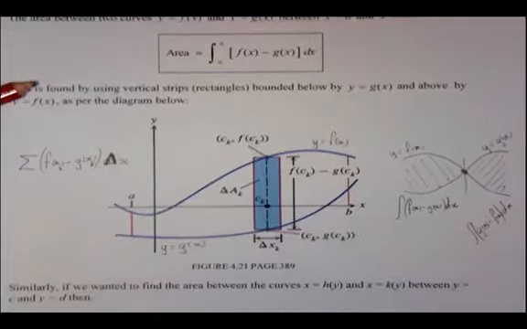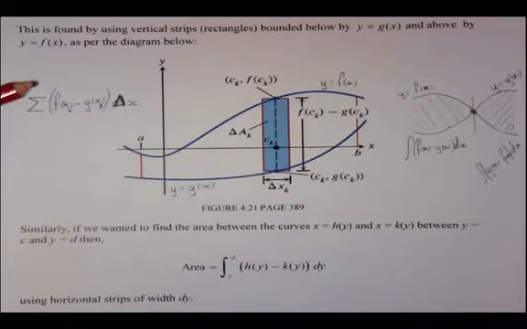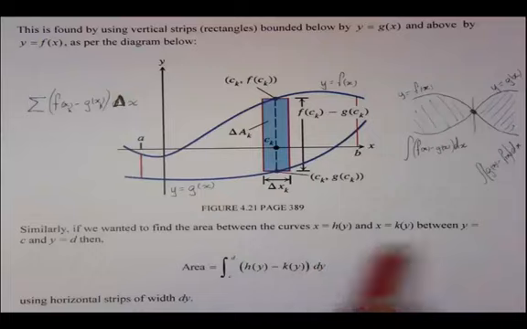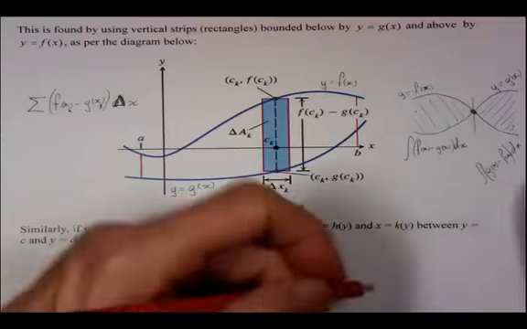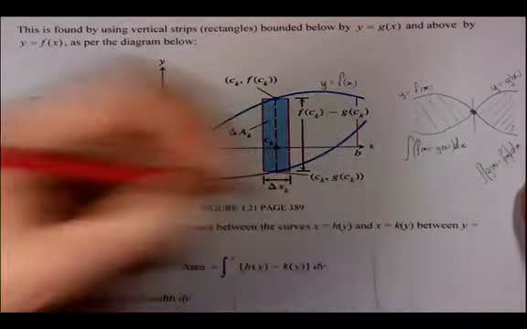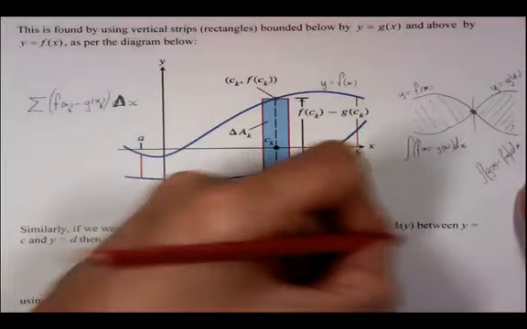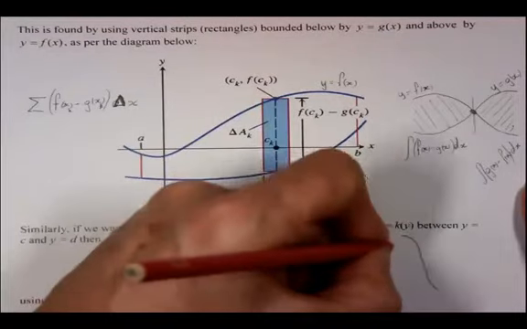Now, right at the bottom here, we have something that's really exactly the same. But say you want to find the area between two curves, and they're given as functions of y. Let's just sketch what this will look like. You've got your y-axis here. And you've got a curve, and you've got another curve.